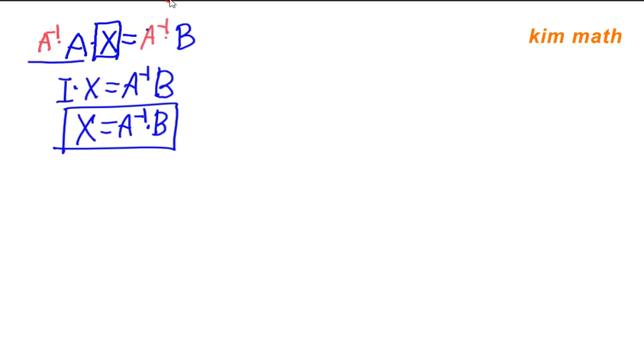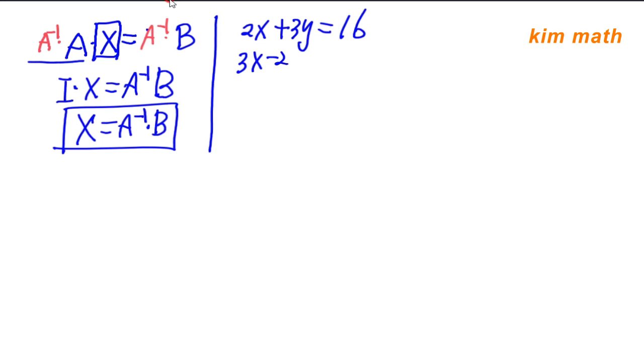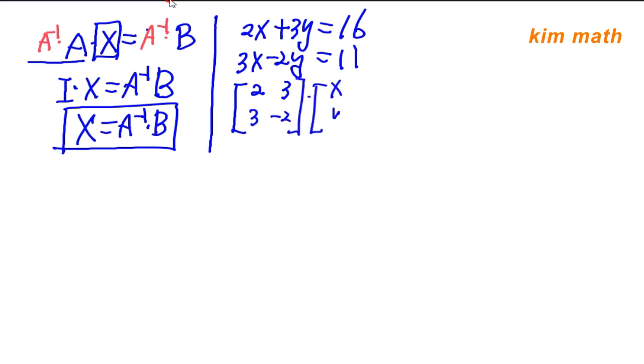Now some real example one more time. If you have 2x plus 3y equals 16, just for example, and 3x minus 2y equals 11, then please convert this one in matrix form. 2, 3, 3, negative 2 times x, y equals 16, 11.